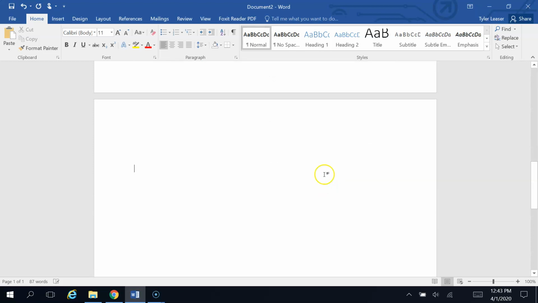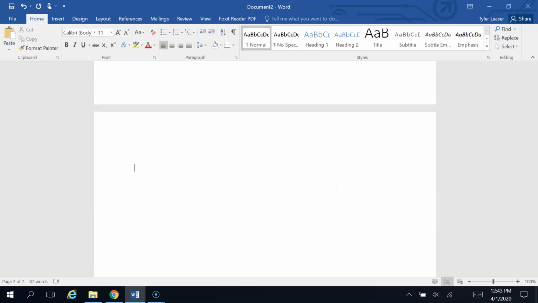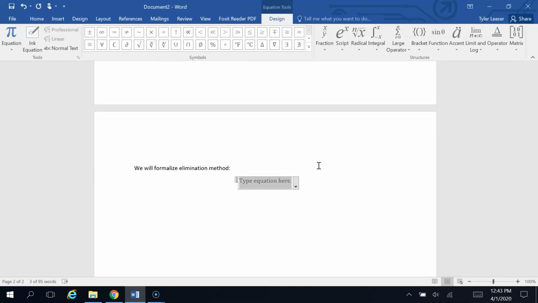Before we get to an example, I just want to write it all out as generic as possible. So we will formalize what we're going to call the elimination method. And this is the same elimination method that you would have for an algebraic system. So two generic differential equations: a1 x prime plus a2 x plus a3 y prime plus a4 y is equal to some function f1.